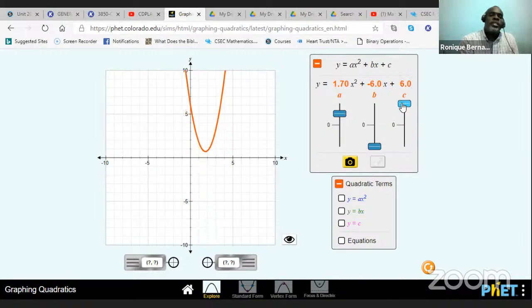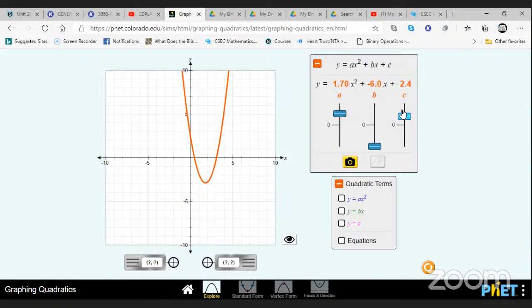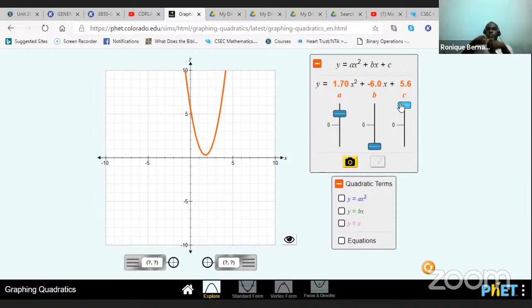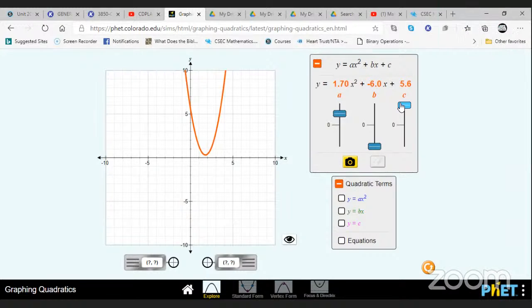So what does C do? What kind of transformation is C carrying out here? It's up and down. It started as a T. Translation. I said translation, and it doesn't look like translation.